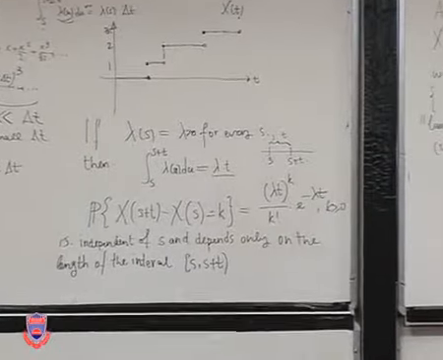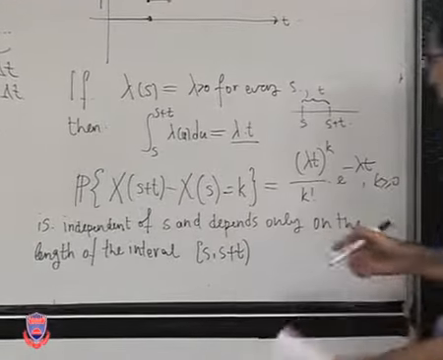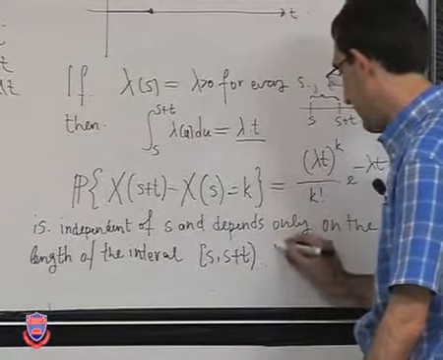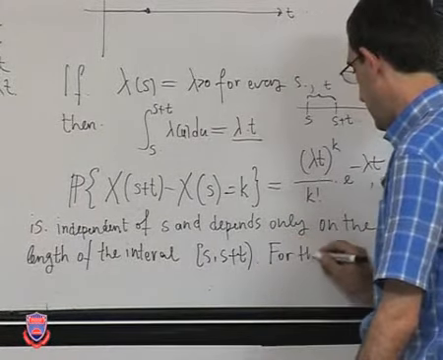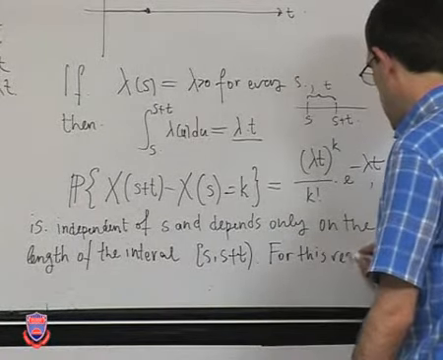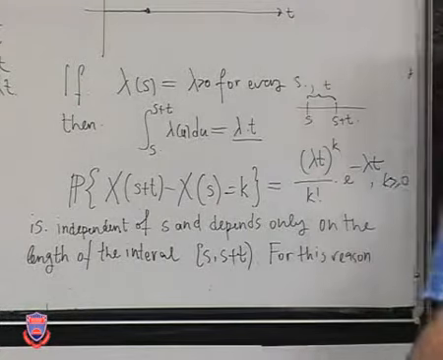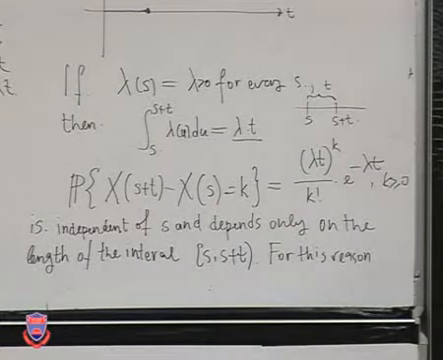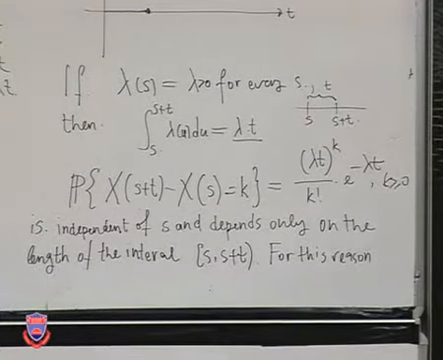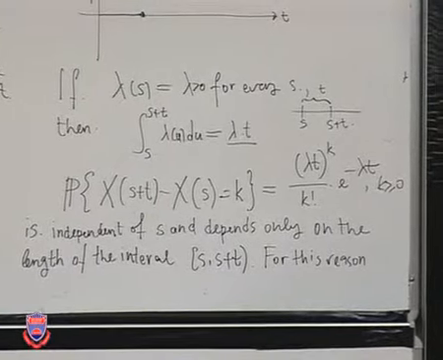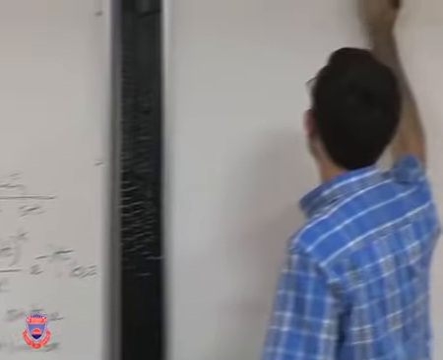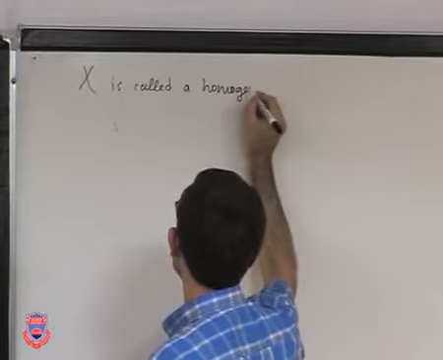For this reason, X is called a homogeneous Poisson process.